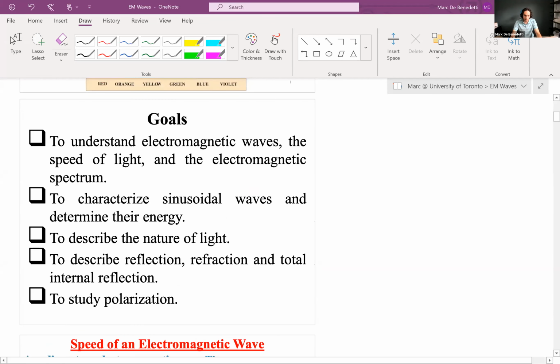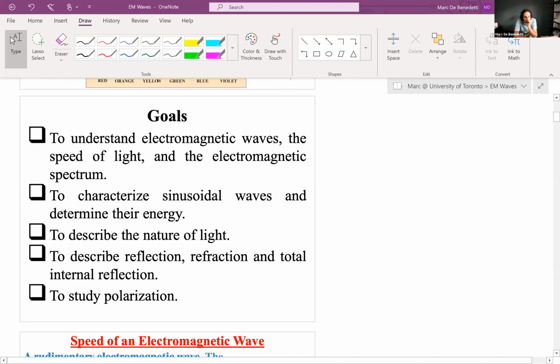So here are the goals in this chapter. We're going to understand what electromagnetic waves are, what the speed of light is, and the electromagnetic spectrum. So the different components, the different frequencies, what they mean, how they're used, stuff like that. We're also going to mathematically represent these waves. So we call these characterizing sinusoidal waves.